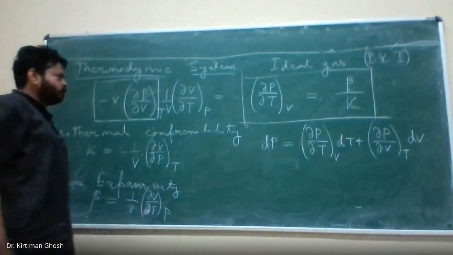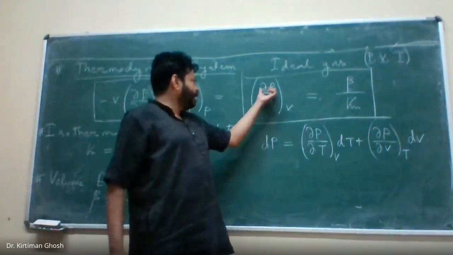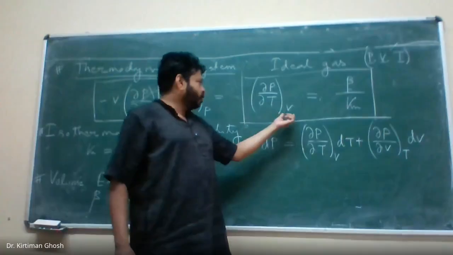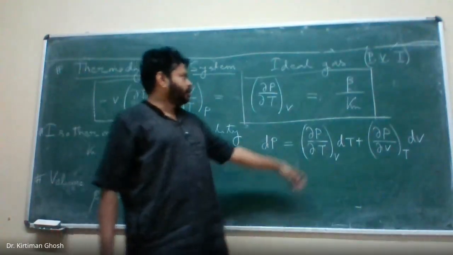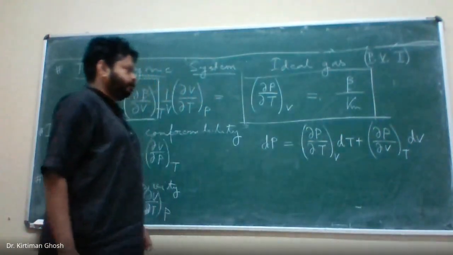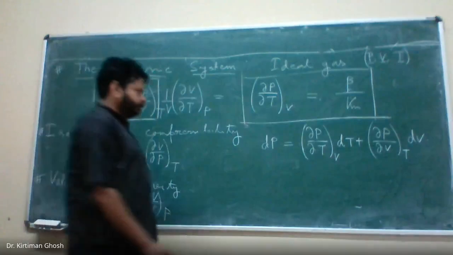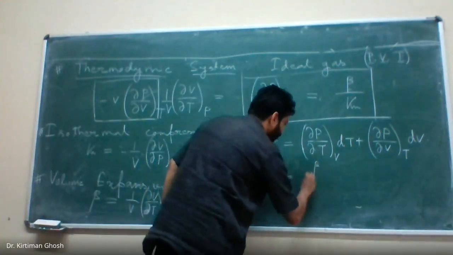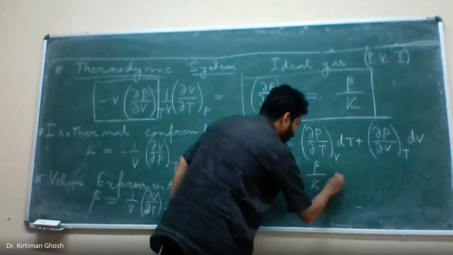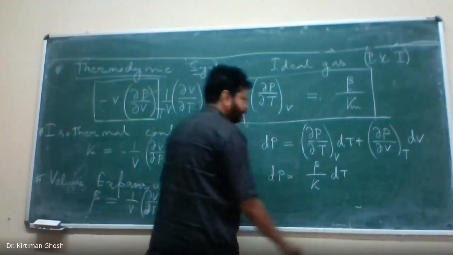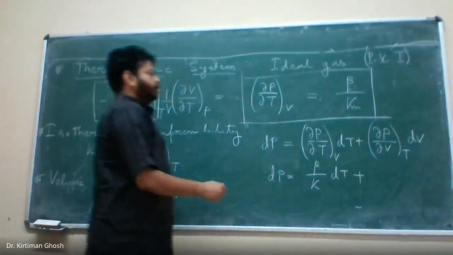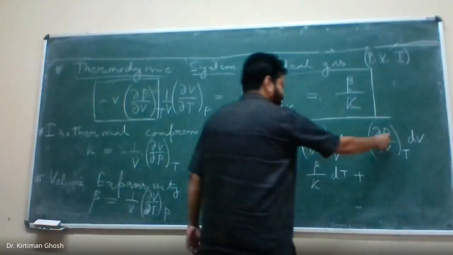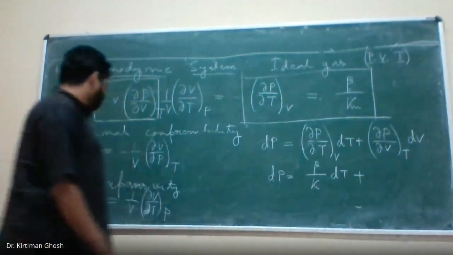Now we look at this quantity, (∂P/∂T) at constant V. This is nothing but beta by kappa. So I can write down my dP as beta by kappa dT plus, now what is this quantity, (∂P/∂V) at constant T?